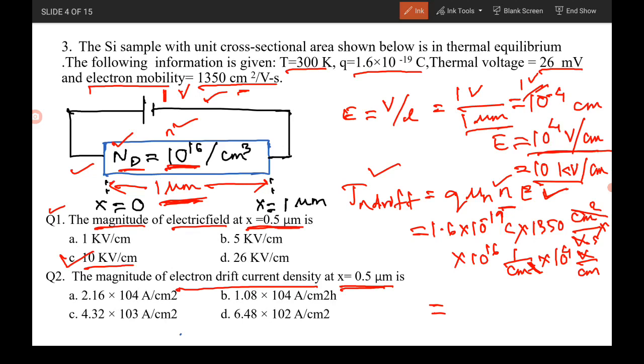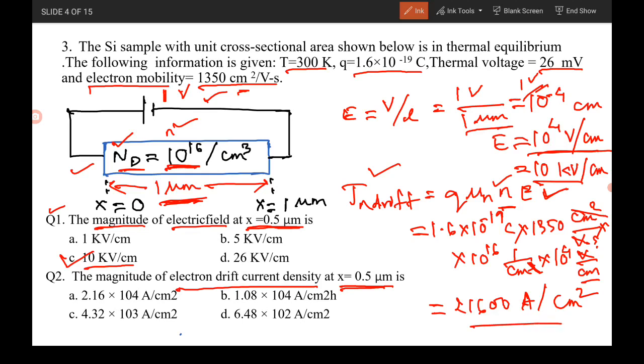If we multiply this, we get 2160 amperes, since coulombs per second is amperes, divided by what is left here: centimeter times centimeter, that is centimeter square. If we simplify this, we get 21600 amperes per centimeter square.